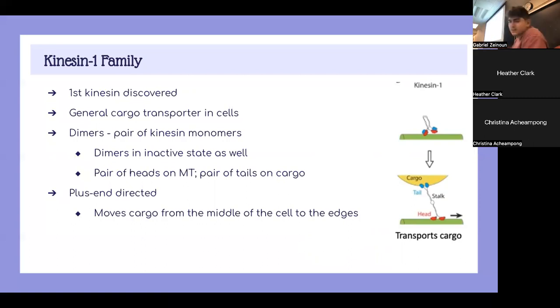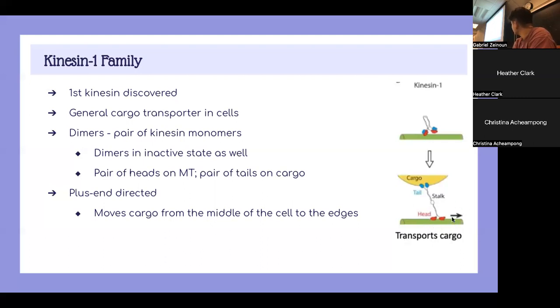And so as you can see, the tail portion right here is attached to the cargo, and then the head will be attached to the microtubule itself. The head will be walking towards the plus end, so kinesin 1 is going to be walking towards the plus end.